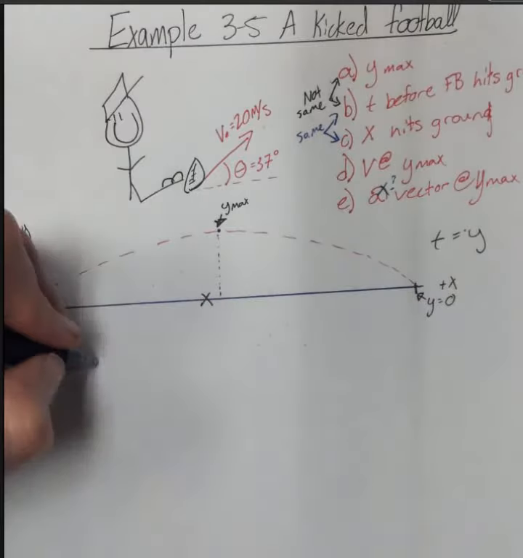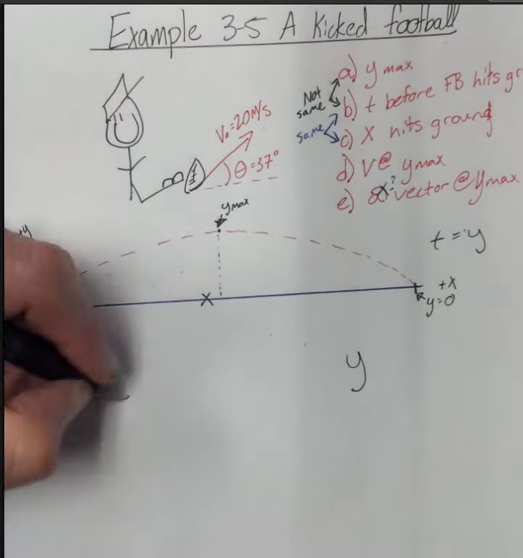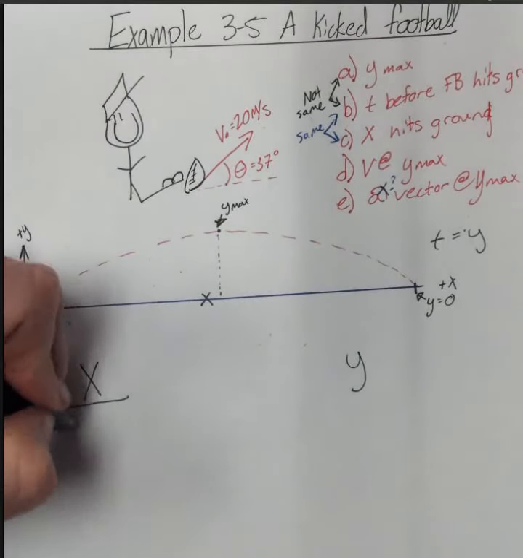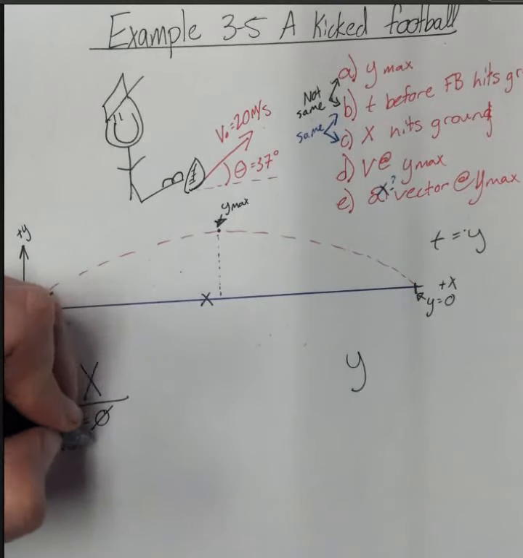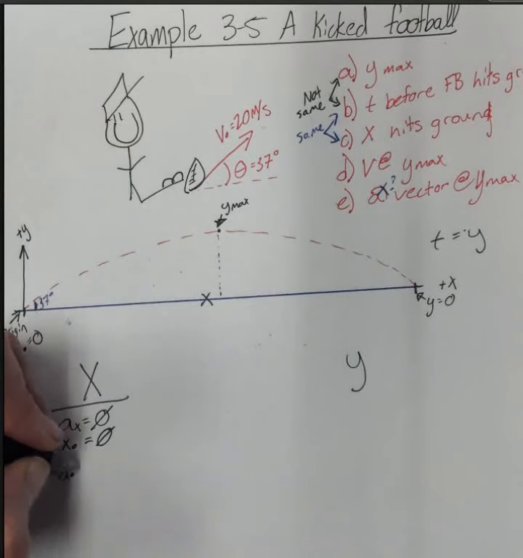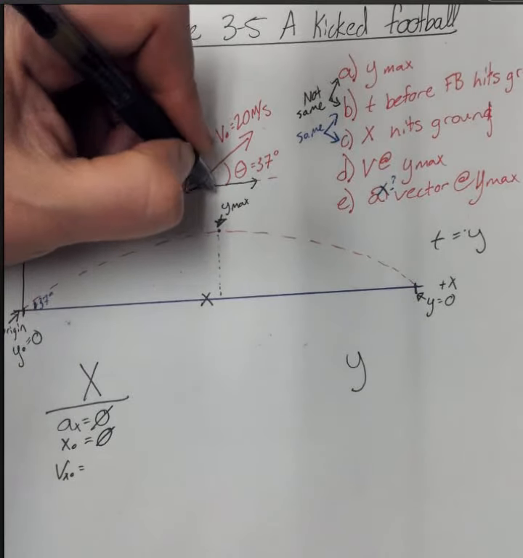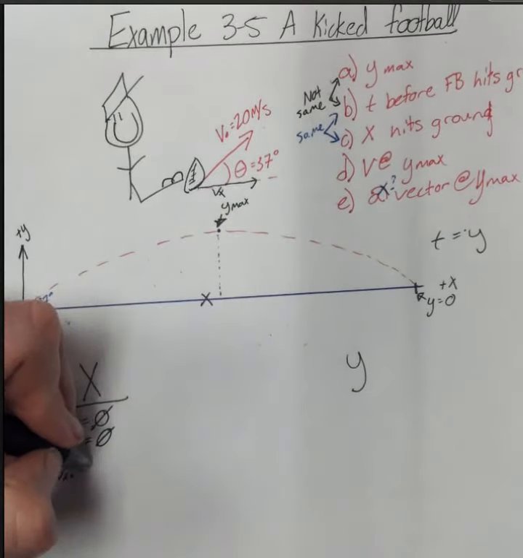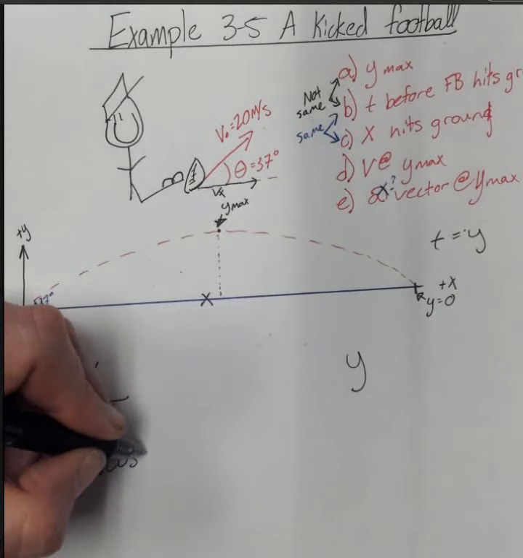So x and y. For x, we know that ax equals 0. We're going to set the origin to 0. And we know that the velocity in the x direction is going to be given by the x component of this vector, so it's equal to the initial velocity times the cosine of theta.